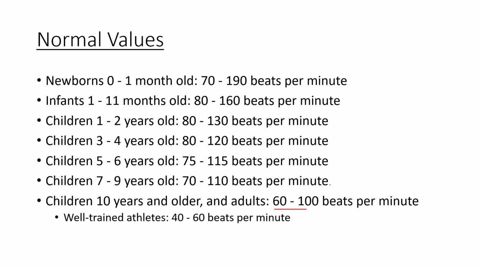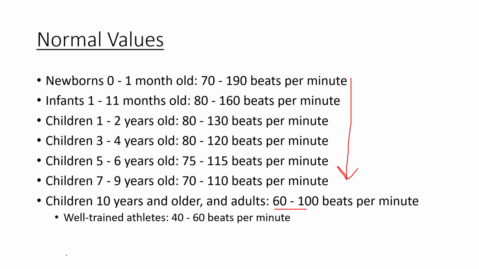So in children, 70 to 110. For newborns, it can be as high as 190 in some respects. So again, the values decrease as we age for normal ranges, and as our heart gets to its adult size. And then again, for adults, it's 60 to 100.